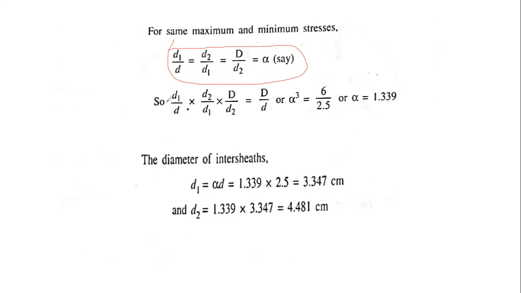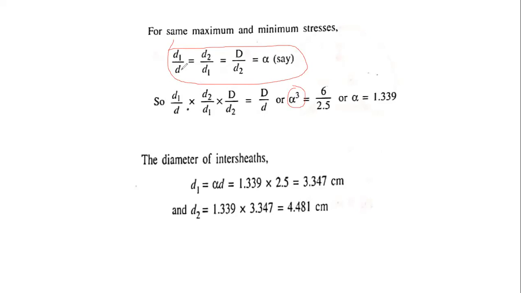Then d1 by d into d2 by d1 into capital D by d2 equals capital D by small d, where capital D is the overall diameter of the cable and small d is the diameter of the conductor, which equals alpha cube.